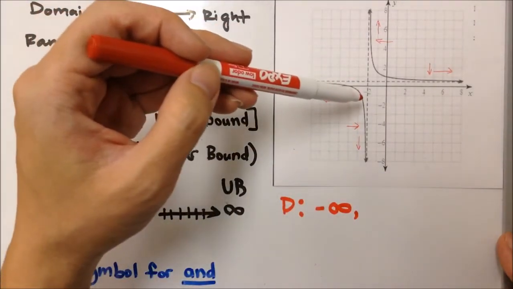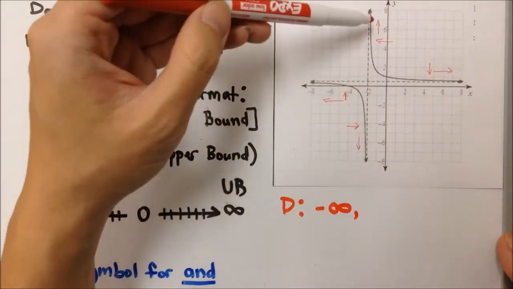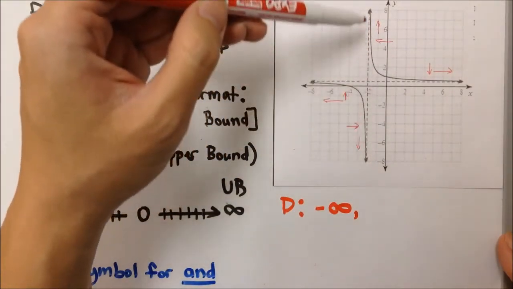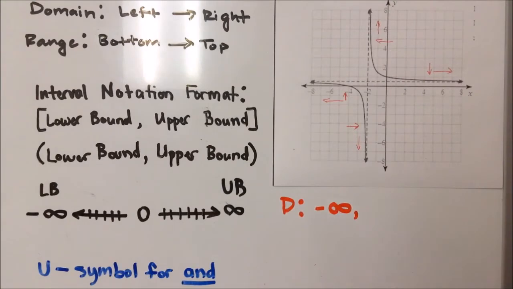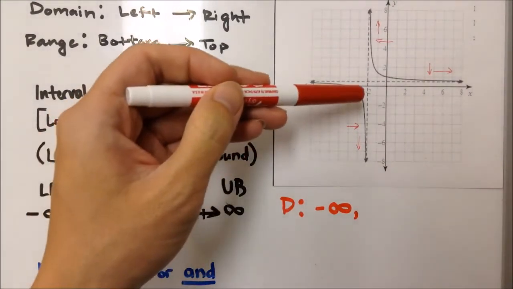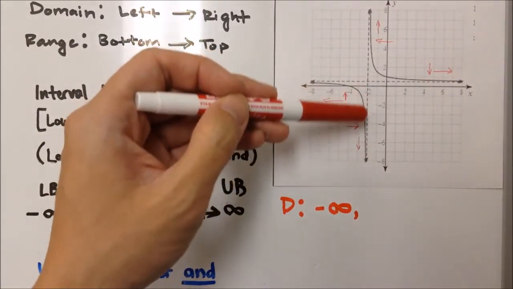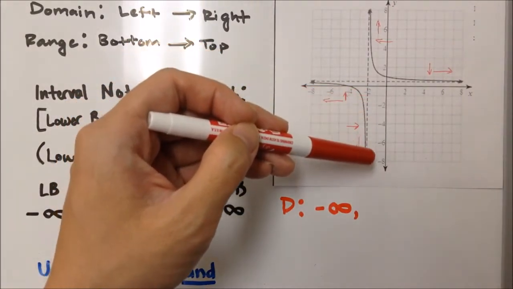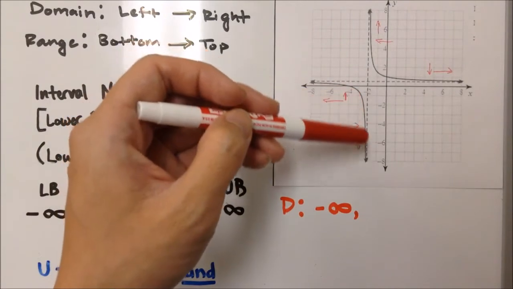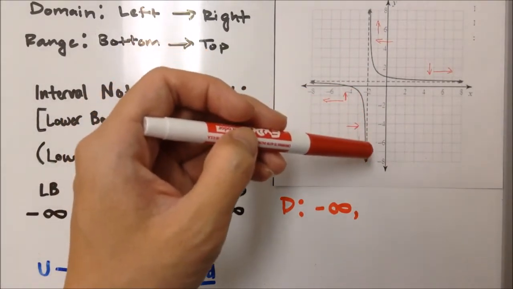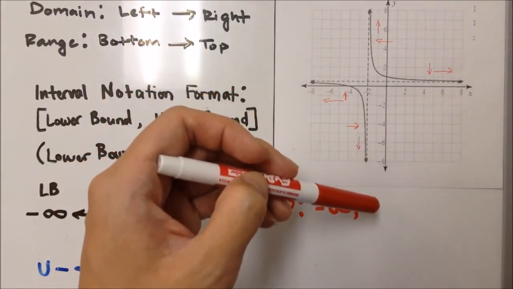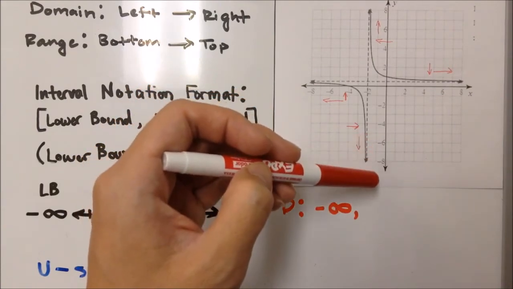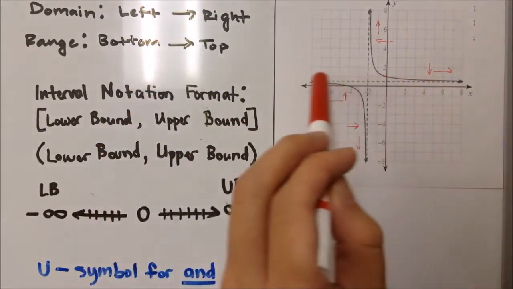When you have rational functions, these dotted lines are called asymptotes or bounds. That means that the graph line will go towards the bounds or the asymptotes, but never touch it, never cross it. It will continuously go closer, closer, closer, and then it will never cross the boundaries or the asymptote.